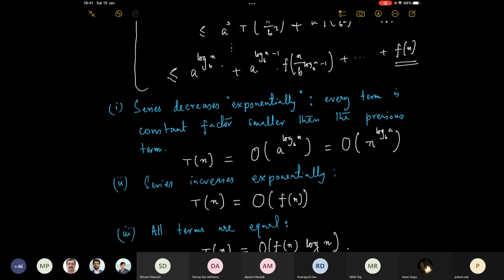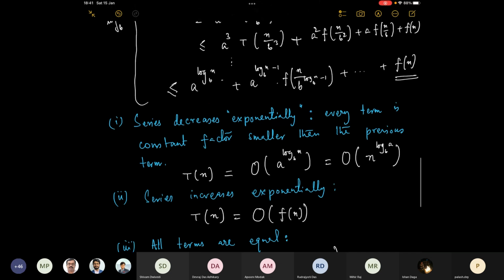So this is the master theorem. The master theorem gives a condition in terms of A and B for when the first thing will appear, another condition in terms of A and B for when the second thing will be true.